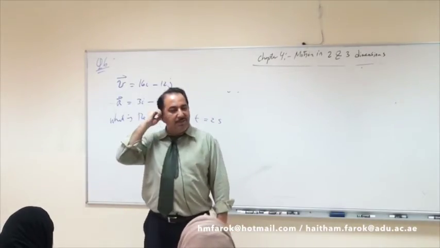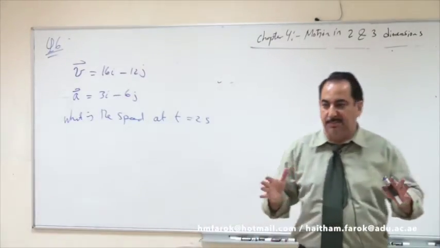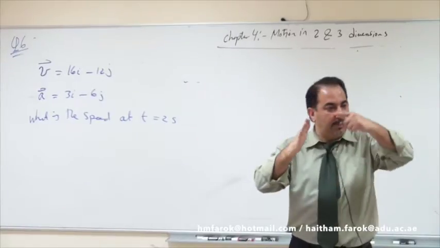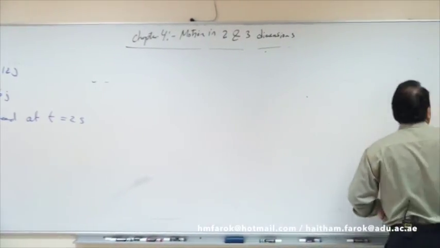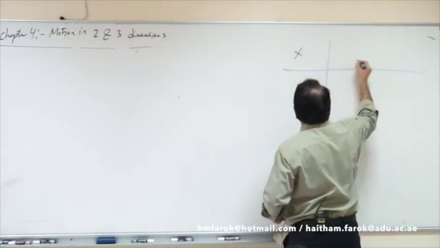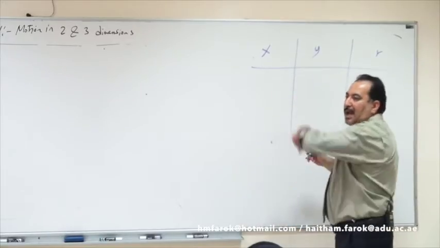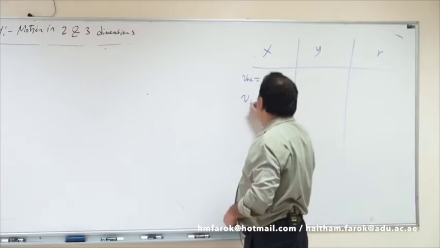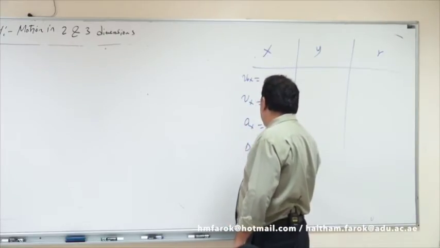How do we solve questions for an object moving in space? We create a table, yes? And in each column we have 5. So I'll put the 5 here for you. Column X, column Y, and R. In X, we have V naught X, Vx, Ax, delta X, and time.